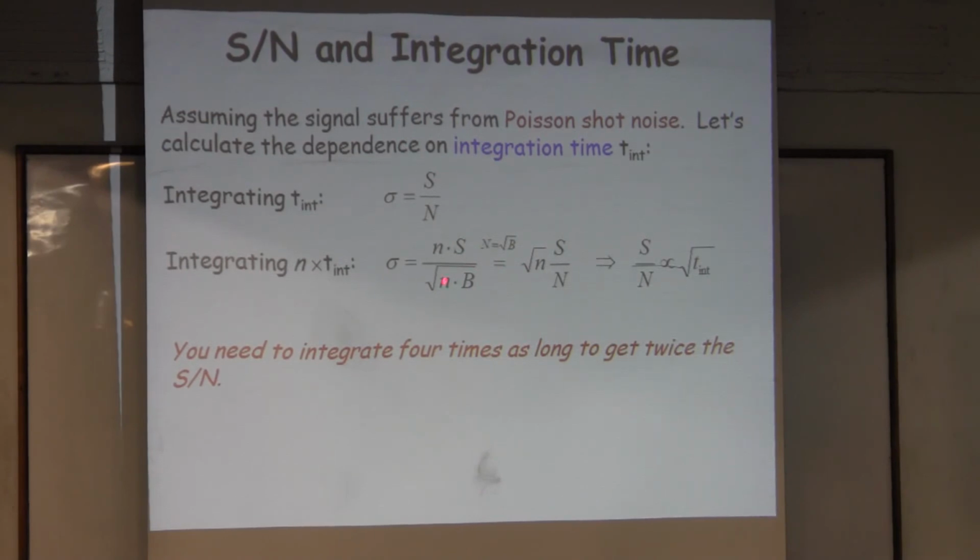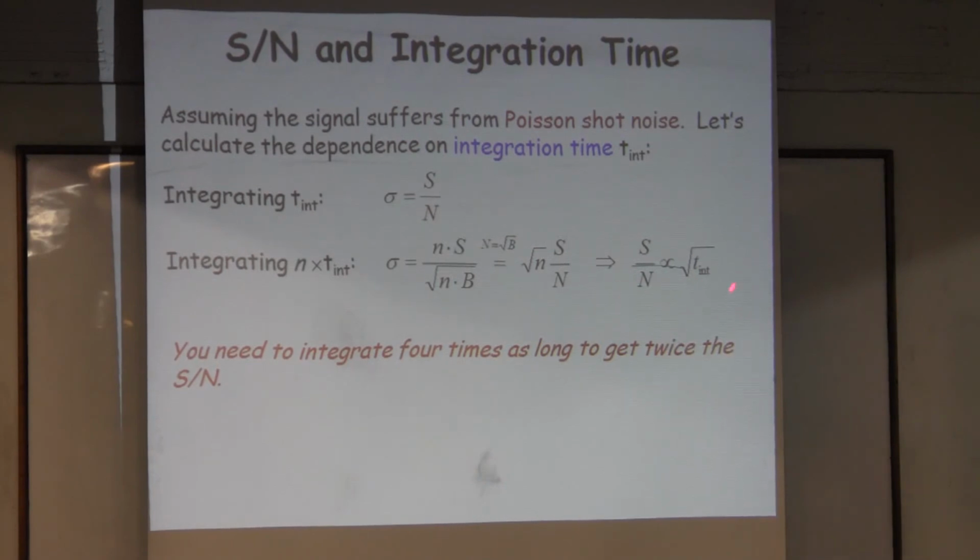So the noise is the square root of the background, of course, so that the resulting signal to noise is square root of n times what we had before. So if we integrate, say, 10 times longer, our signal to noise will not be 10 times better. It only grows as the square root of the integration time. So in that case, it will be square root of n times better.